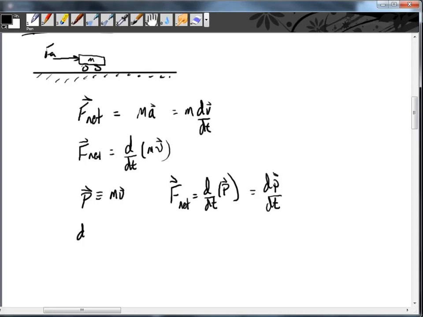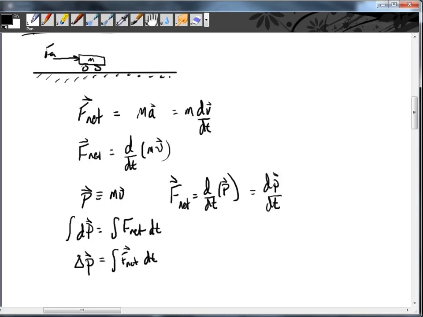That's going to give us dp equals the net force times dt. The rules of calculus allow this. If we integrate, taking all of our dp's, this just becomes our delta p, and this becomes the integral of our net force times our time differential.